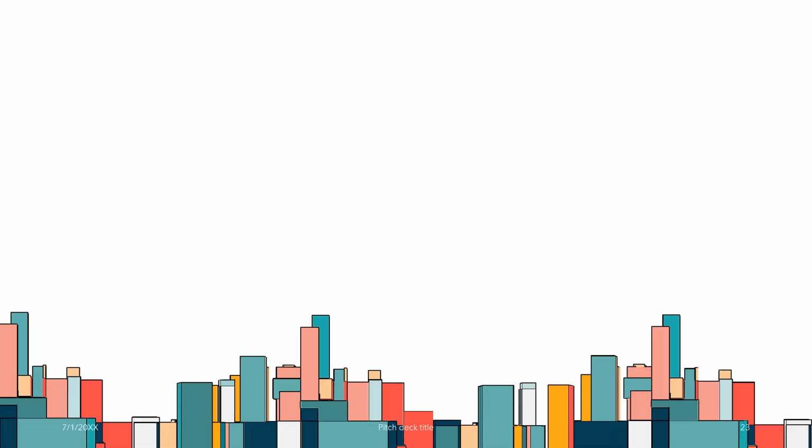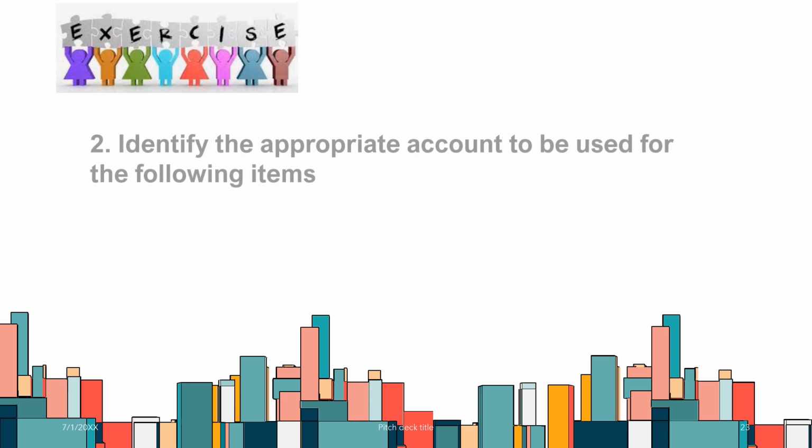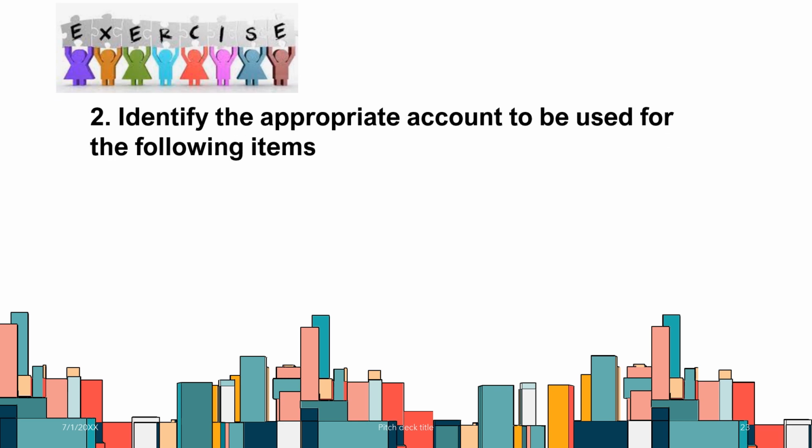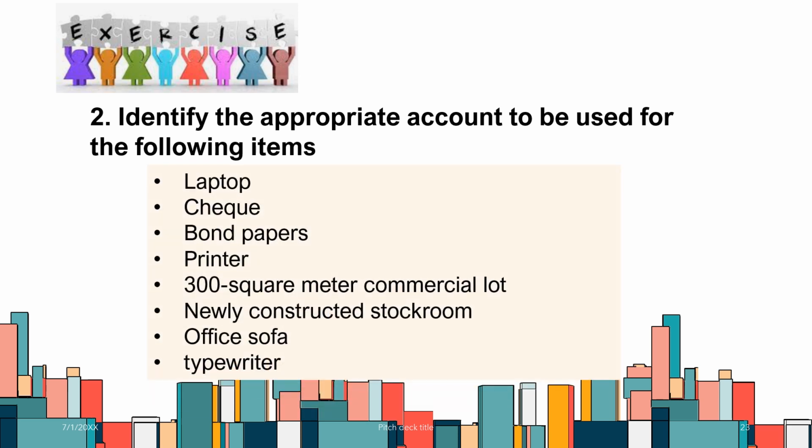Okay, so let's have another exercise. Identify the appropriate account title to be used for the following items. You have a lot of account titles under the chart of accounts that we discussed, so just indicate the appropriate account title for the following items.